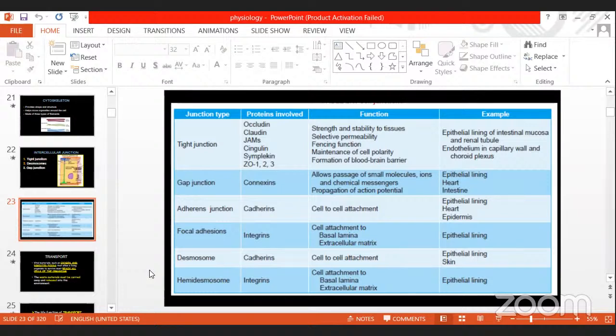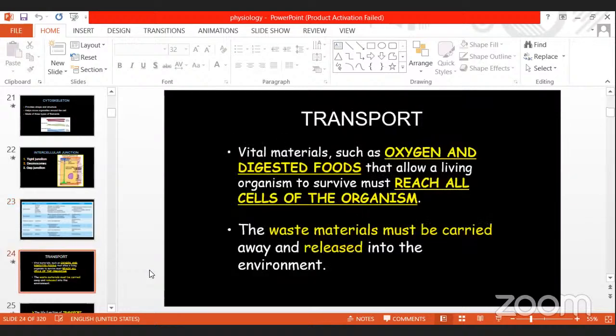So remember, focal adhesions and hemidesmosomes have integrin protein involved. Focal adhesion and hemidesmosome are almost the same, and they also provide attachment of the cell to the basal lamina and the extracellular matrix.